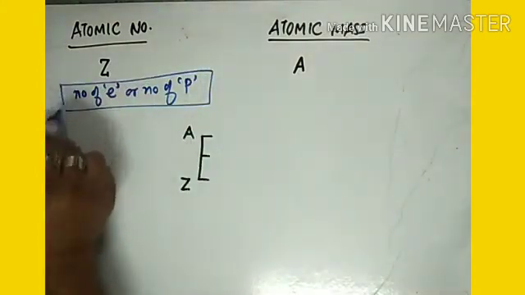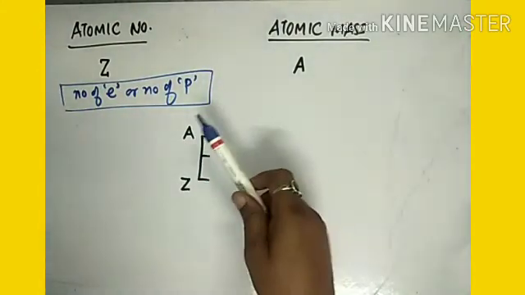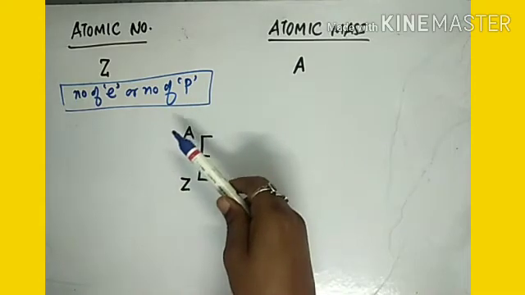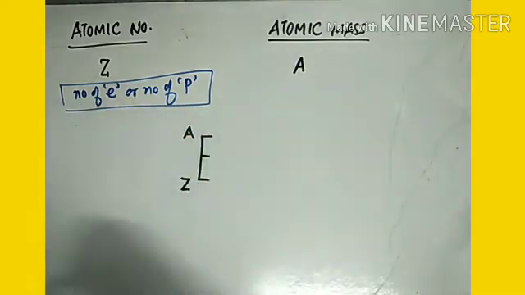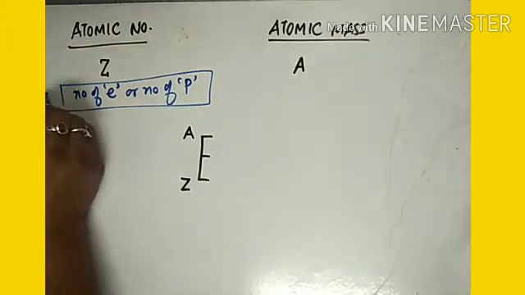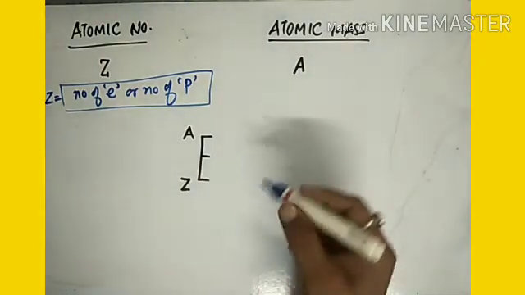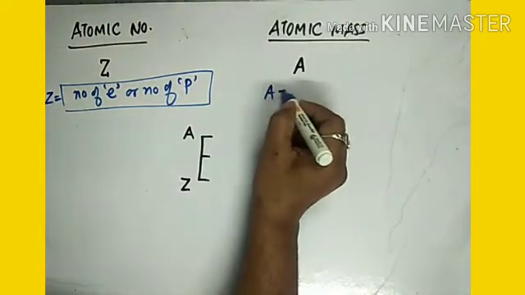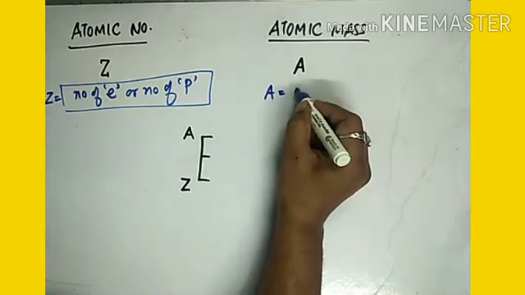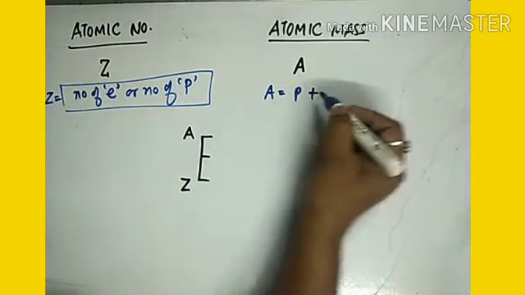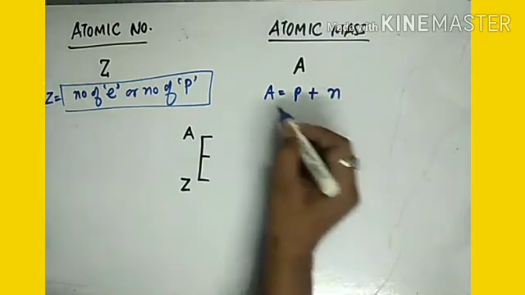So the number of electrons and number of protons will be written in place of atomic number. So this is the Z value. And as far as atomic mass is concerned, atomic mass will always be equal to number of protons plus number of neutrons.